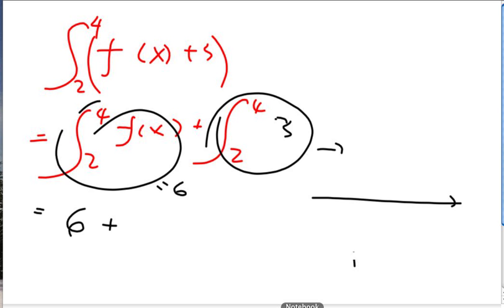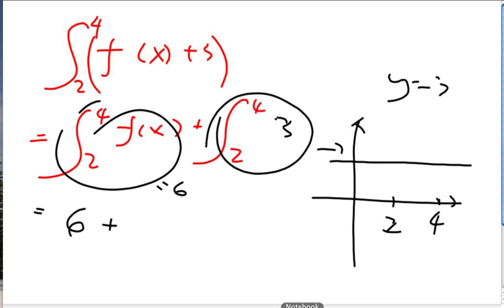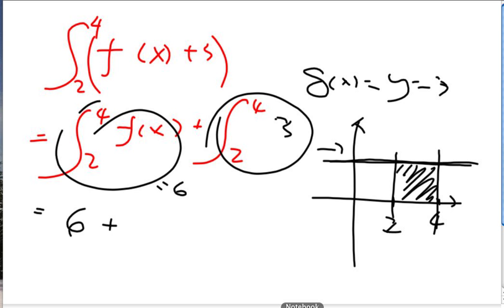What this means is, from 2 to 4, and here's a line 3, y equals 3. That is the function g(x) actually. So write y equals 3. So it's a line. Now how do we do this?